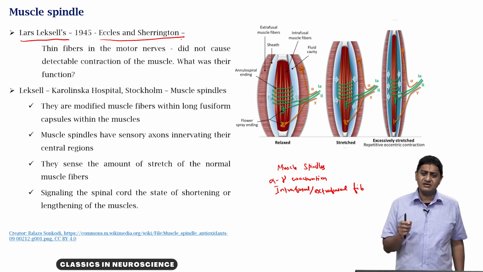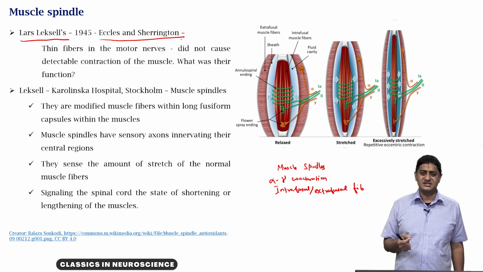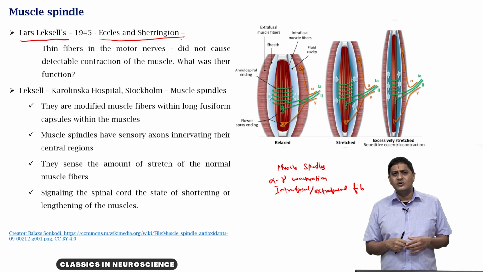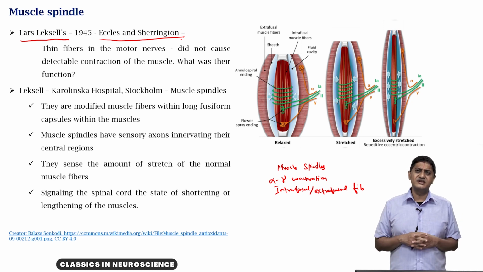If you stimulate these thin fibers individually or in a group, they did not cause any noticeable contraction in the muscle. How is this even possible? You are stimulating a motor neuron, but there is no change in the muscle which it is innervating.